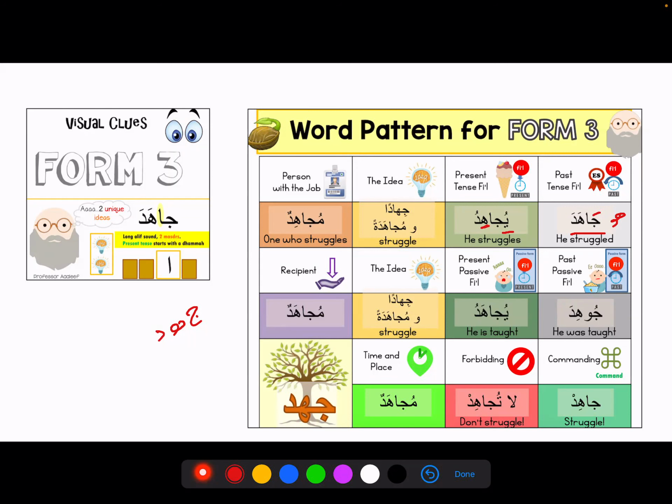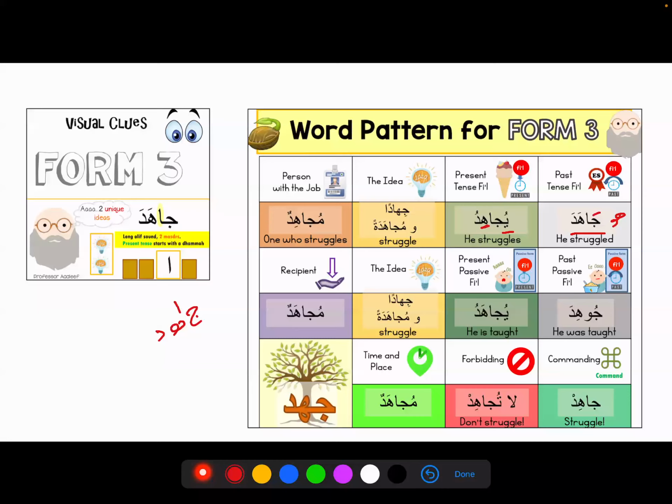Alif. So this Alif is the extra member here. So the middle root letter is getting kasra in the present form. Jahada is becoming Yujahidu, so jahada, yujahidu, jihadan wa mujahadatan.